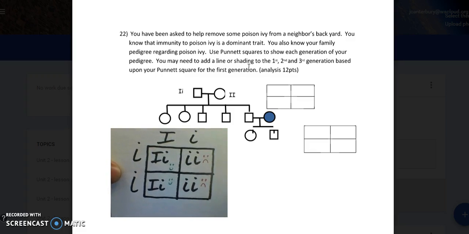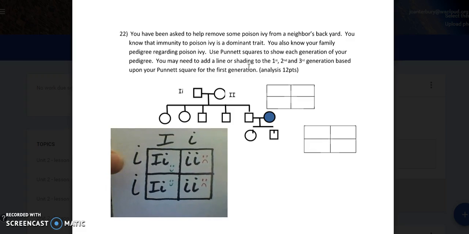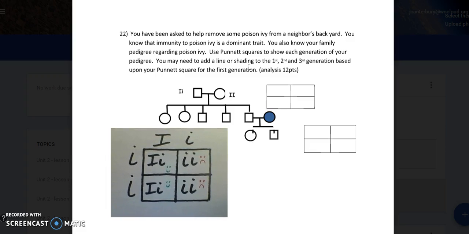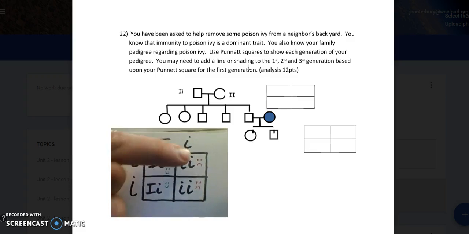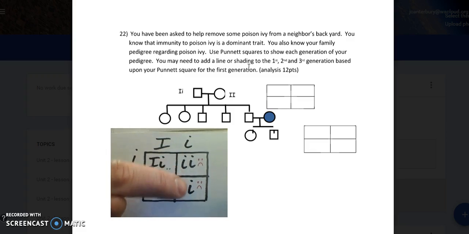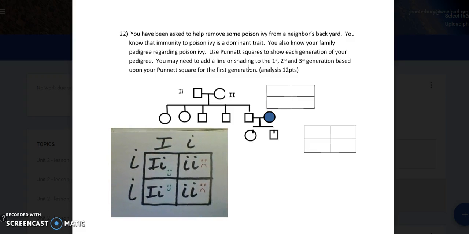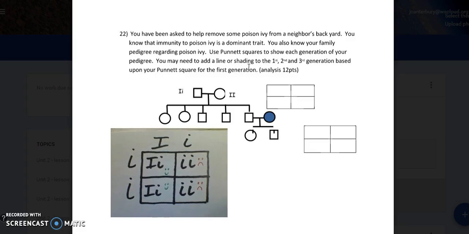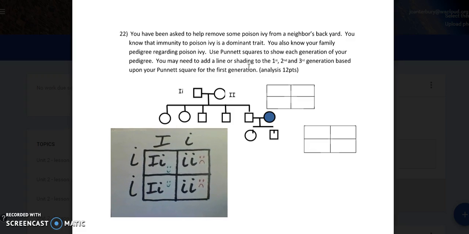Now the offspring has a choice. Either 50% of them are going to come out heterozygous, which means they have the poison ivy immunity gene and they can help. But there's a 50% chance that an offspring is going to come out homozygous recessive, which means they don't have the poison ivy immunity gene and they should not help the neighbors.